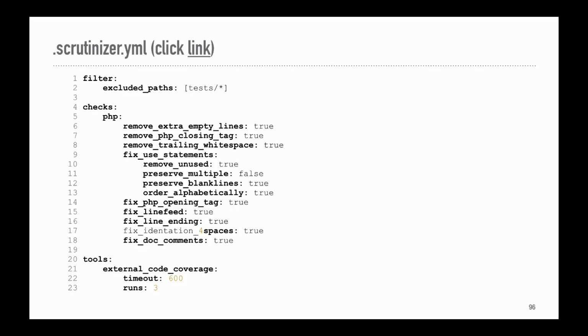Some of them can be not belonging to PSR-2, but we can have them there if we want to. And finally, besides that, we are going to have an external code coverage. In this case, this is going to be provided by Travis.